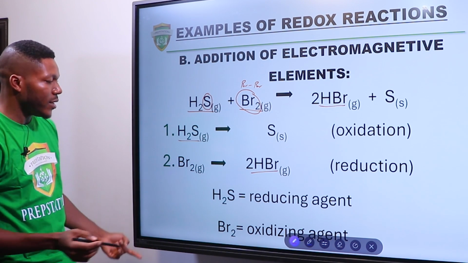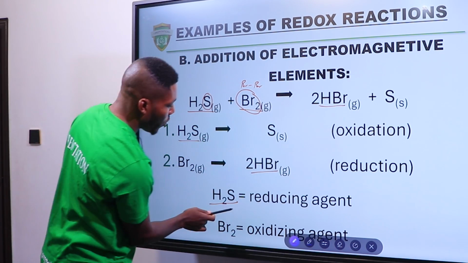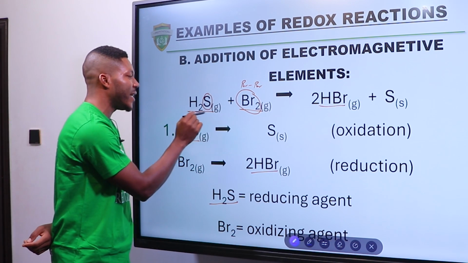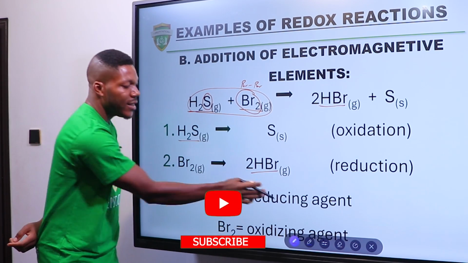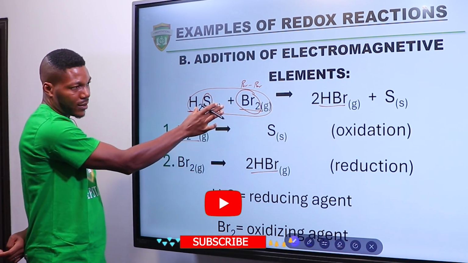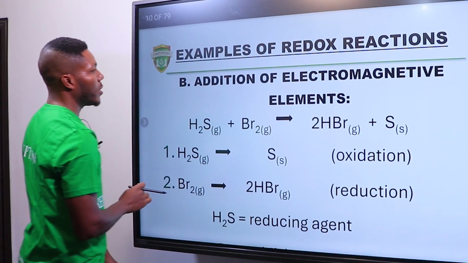So what are their agents? What causes the oxidation is called the reducing agent. Note, it's always taken from the reactant, not from the product. Take notes. The agents are not from the products. They are gotten from the reactants. All right, let's look for more examples so you can get more understanding of this.